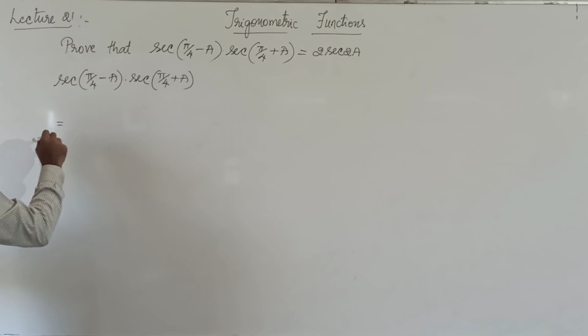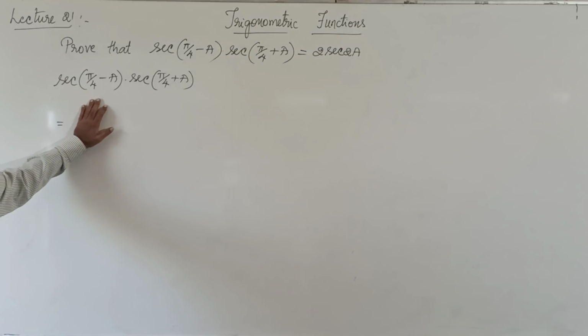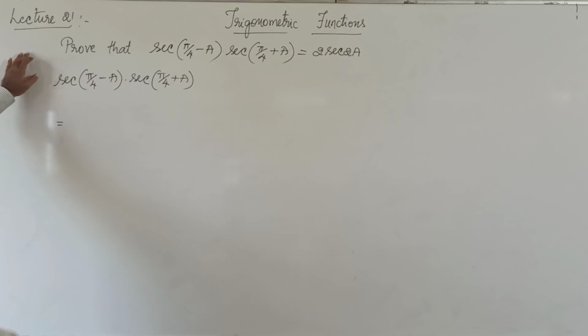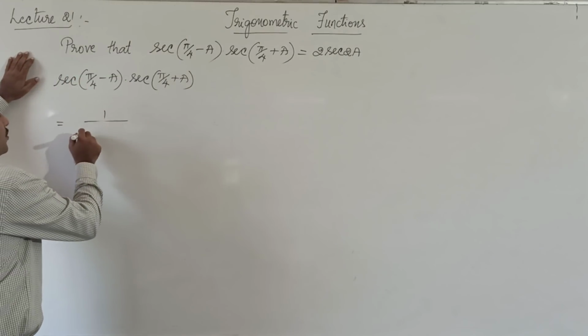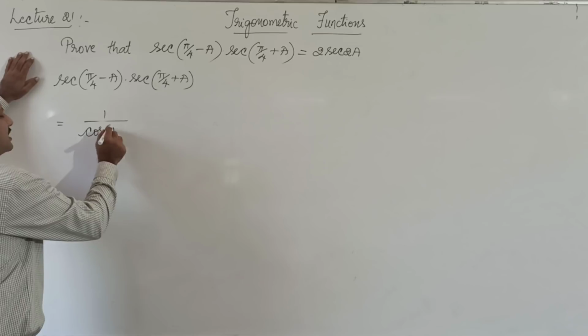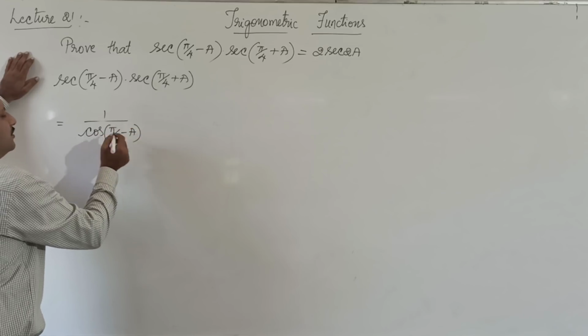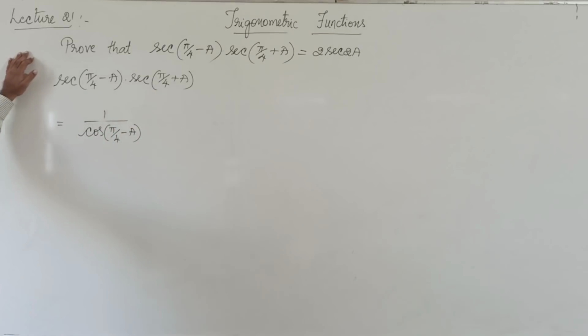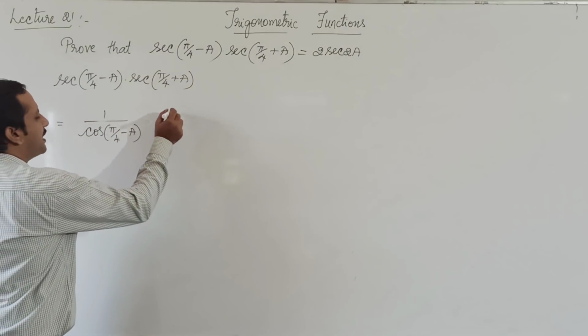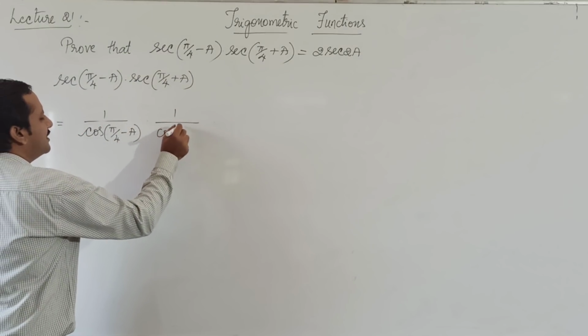Secant theta is nothing but 1 by cos theta. So I can write secant (pi by 4 minus a) as 1 by cos (pi by 4 minus a), into secant (pi by 4 plus a), which can be written as 1 by cos (pi by 4 plus a).